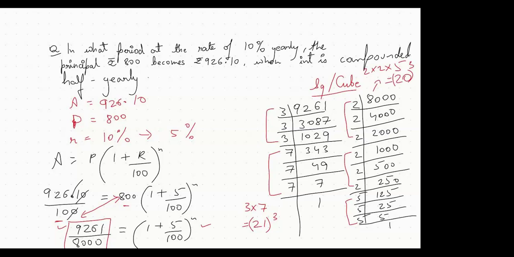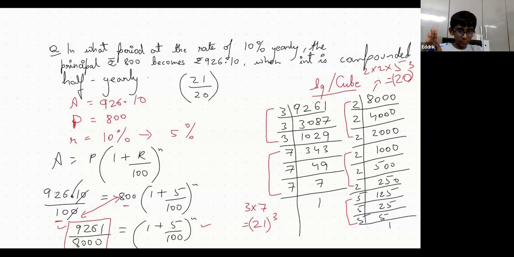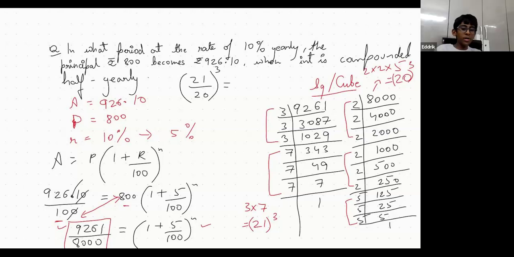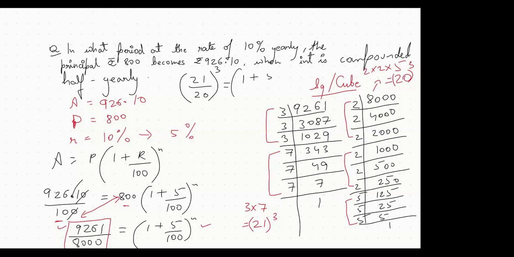I'm writing it here and showing you. It will be 21 by 20 whole power 3 equals to. Ma'am, the answer is 1.5. Yes, very good.